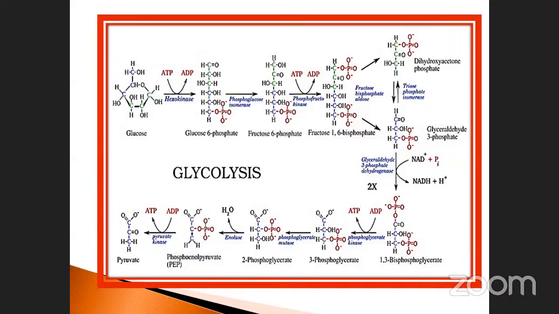Suppose any one of the genes responsible for the production of hexokinase, phosphoglucoisomerase, and phosphofructokinase is lacking. What happens? It will lead to some disease.